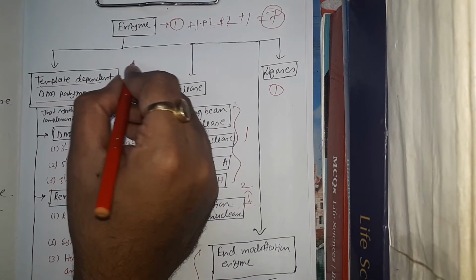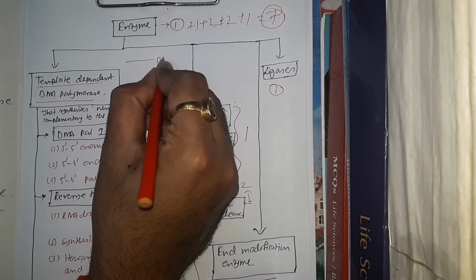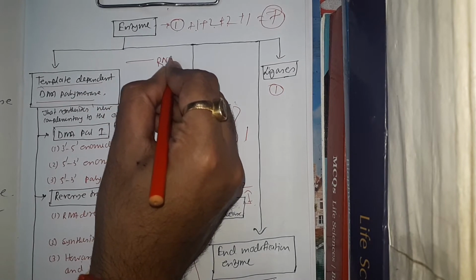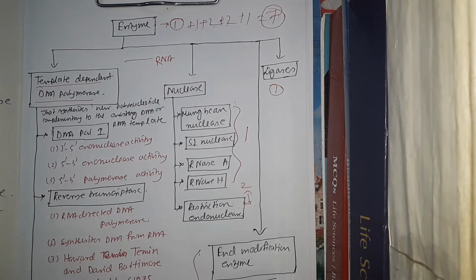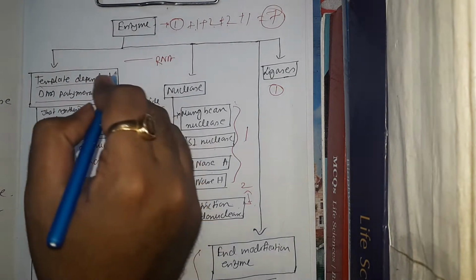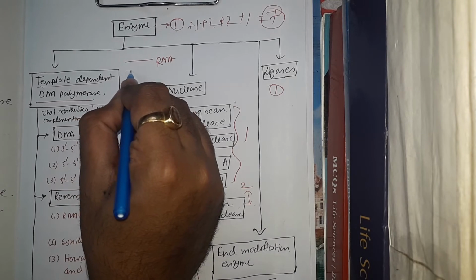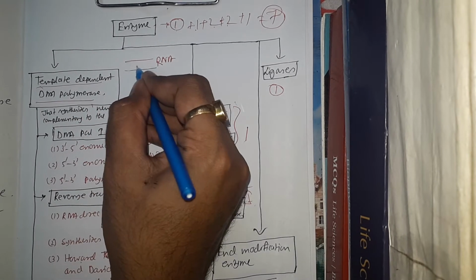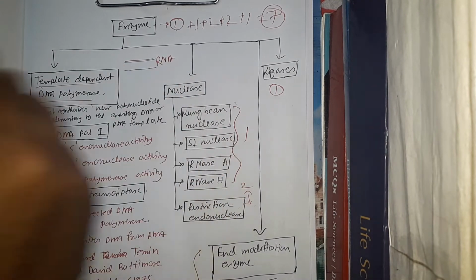Suppose it is an RNA molecule or RNA template. Then the template dependent DNA polymerase specifically has the ability to synthesize a polynucleotide that will be complementary to that existing RNA.